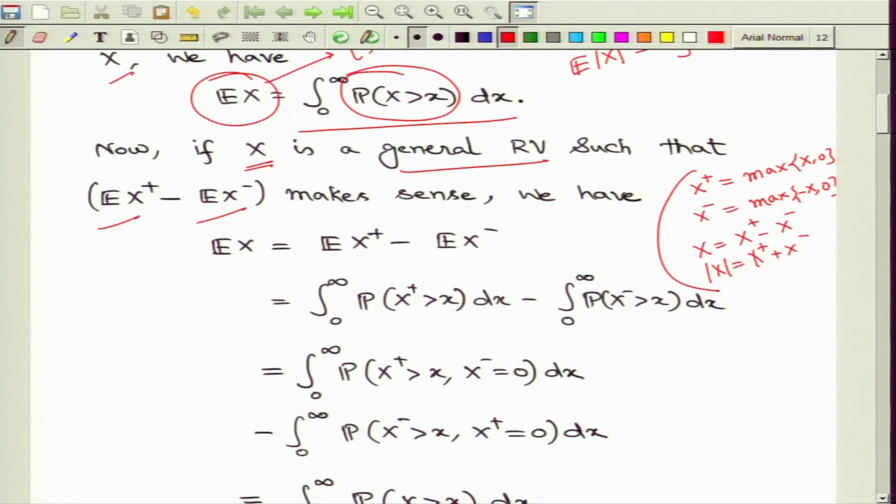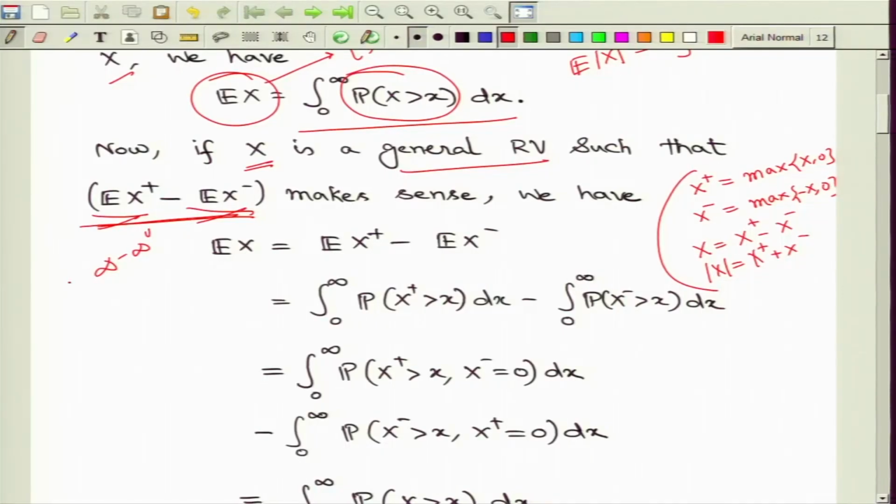With this in the background, when we talk about the expected value of X, we would like to make sense of this difference. When this difference makes sense, then we say the integral of X, which is the expected value of X, exists. If both expected value of X plus and expected value of X minus are finite, there is no problem in looking at the difference.